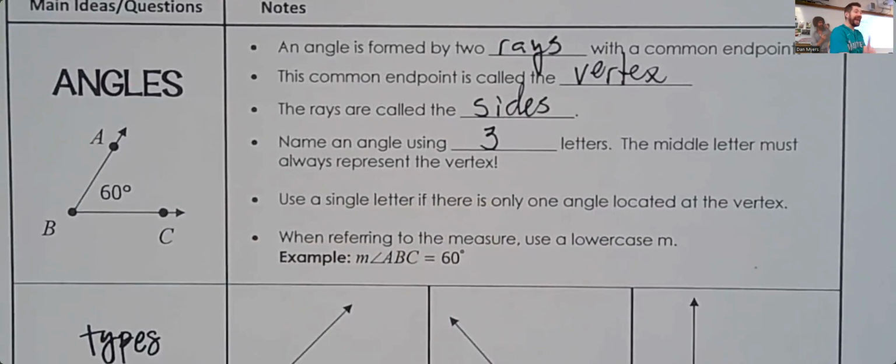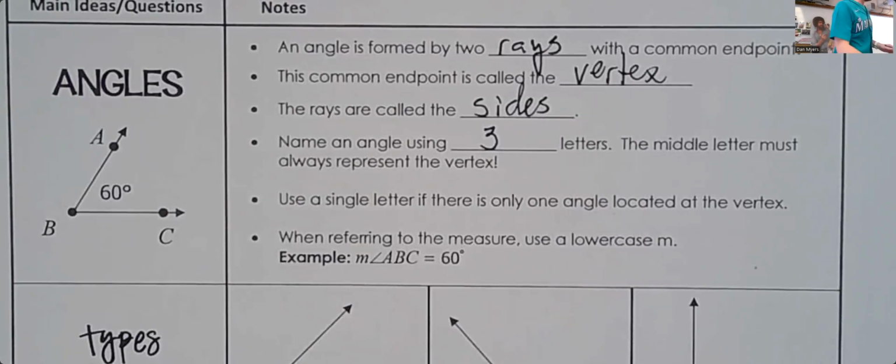However, you can use a single letter, but only if there's only one angle located at the vertex. I generally will not do this. I will pretty much always use 3 letters. I would encourage you to do the same. But basically, we could call this angle B if we wanted to, because there's only one angle here. So there's no confusing what it might be other than angle B.